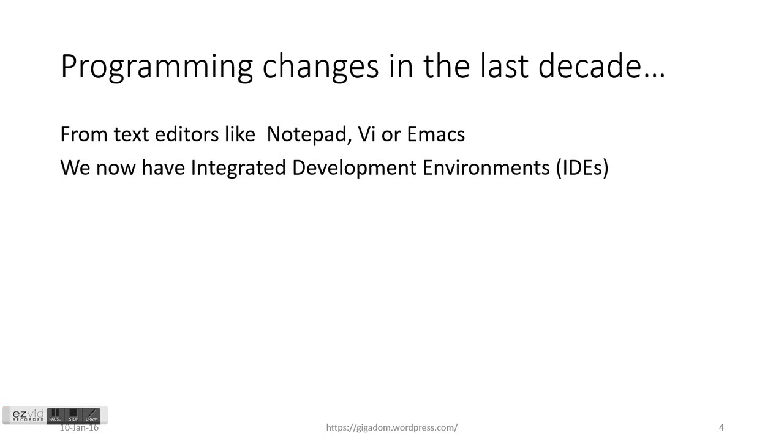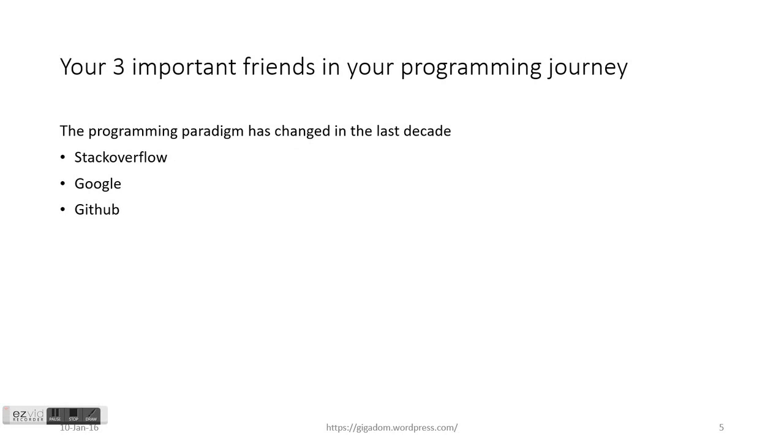Why is this so? This is because of our access to the internet, and with the internet and Google, we have the entire library of the world at our fingertips. So most of your questions can be answered with Google.